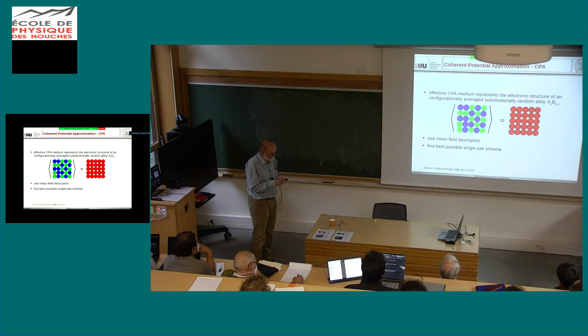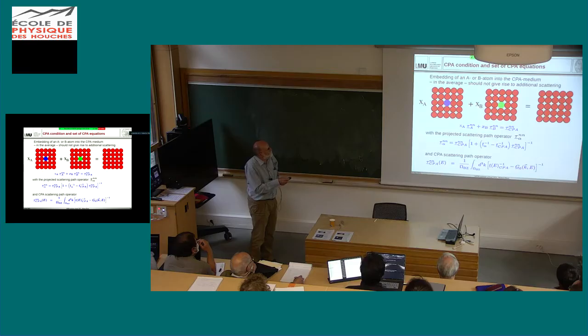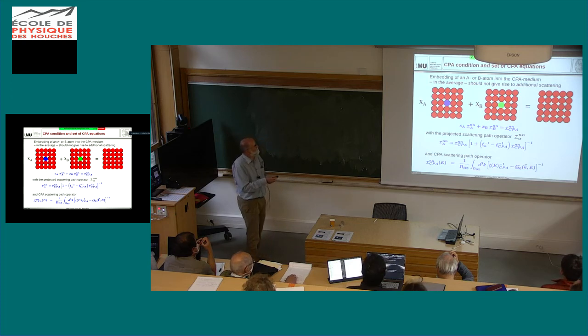And the other restriction is that it's a single-site theory, but one can show that it's really the best one you can do on that level. Now, the idea, once more, is we want to have a periodic auxiliary system described by these CPA atoms that no one has ever seen, but you can calculate them at least.